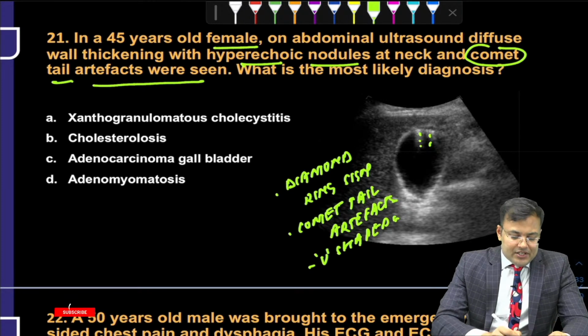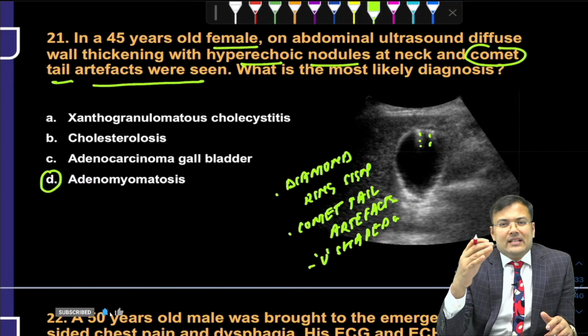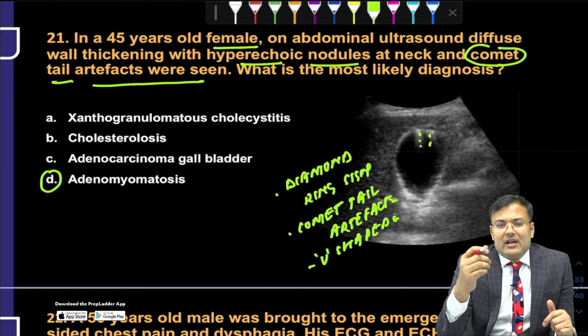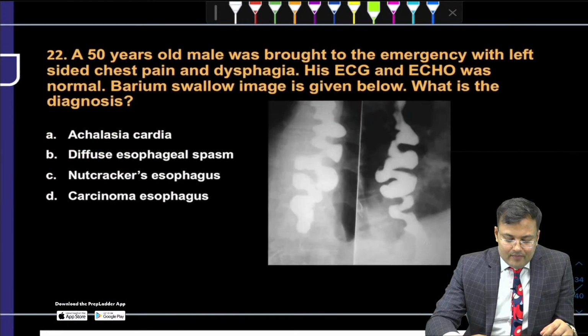So it is seen in which condition? Adenomyomatosis, because there are hyperplastic changes in the muscularis with mucosal hyperproliferation. Adenomyomatosis, that is the correct answer.